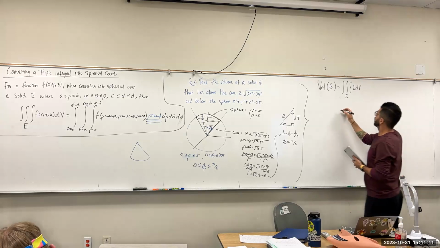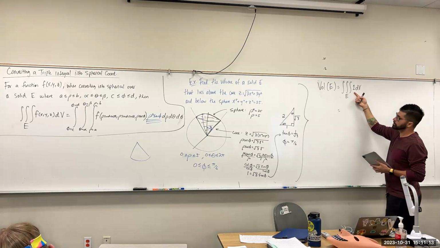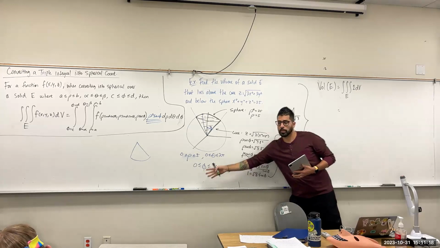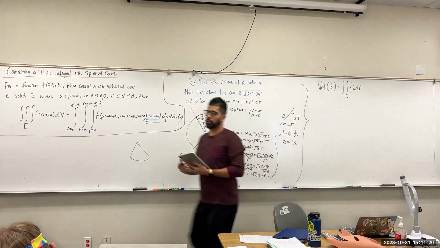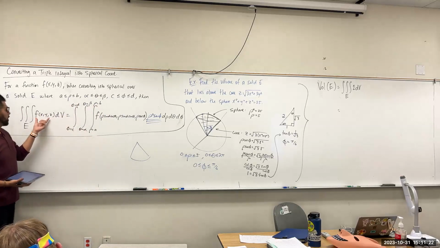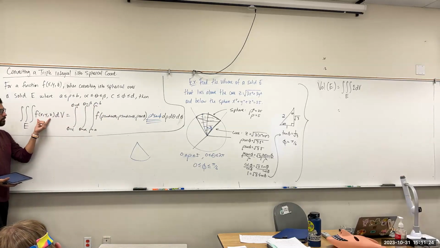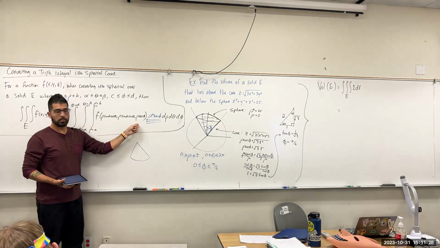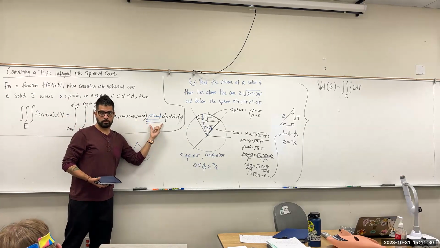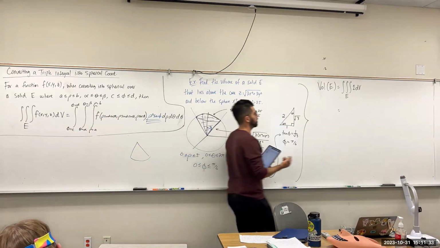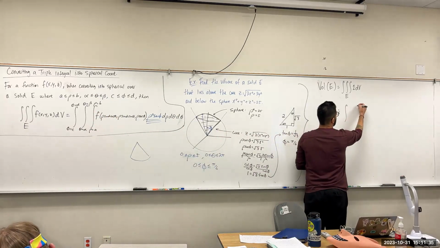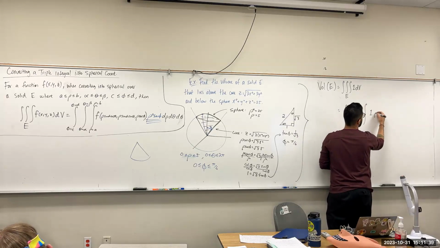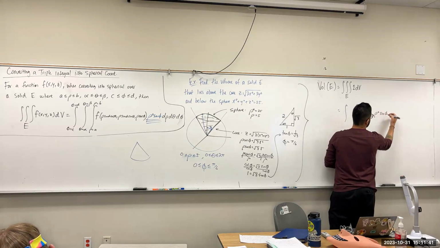So I want to convert this using spherical coordinates, while remembering that right now my function f is just 1. So I don't really have to do anything with the x's and the y's and the z's. But this guy pops up when you switch to spherical. So I still have 1, but now the dV gives me a rho squared sine phi.